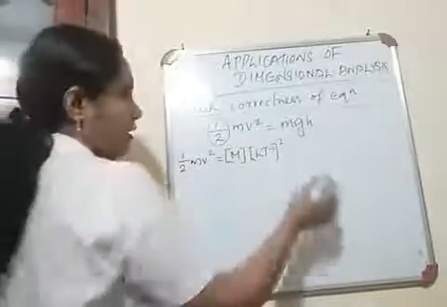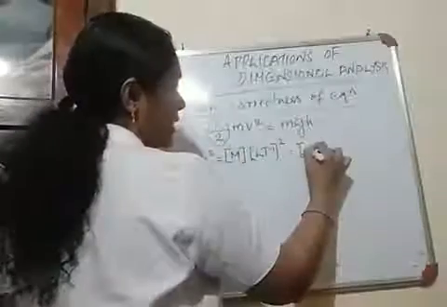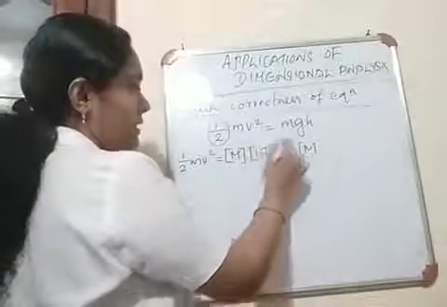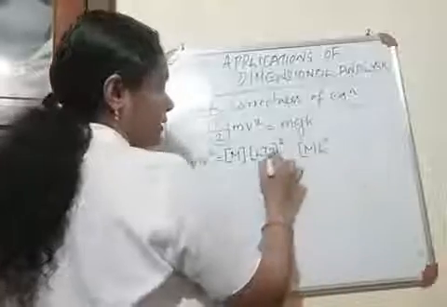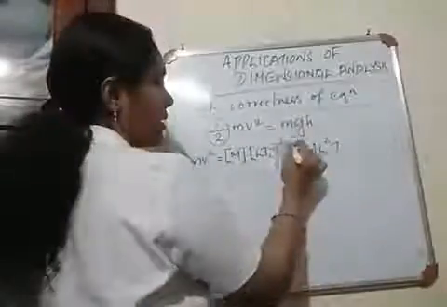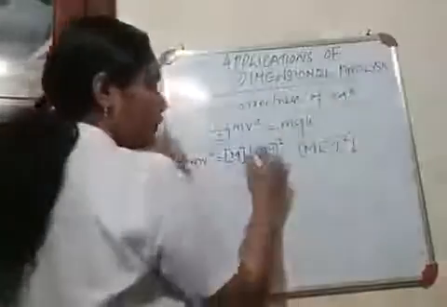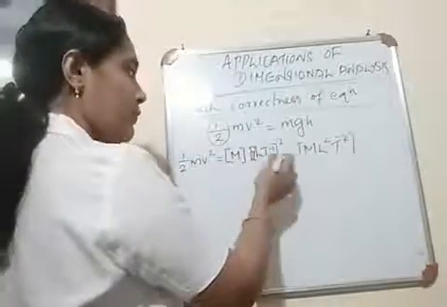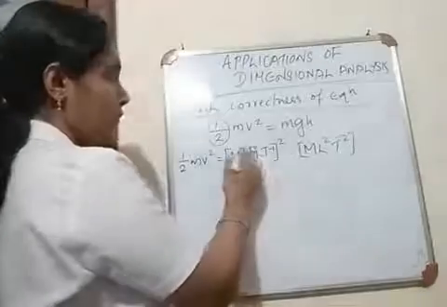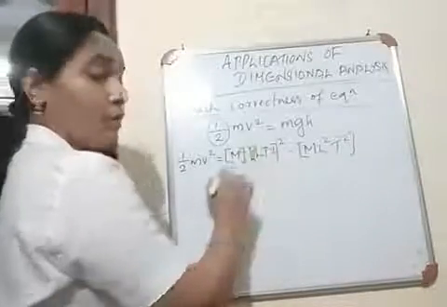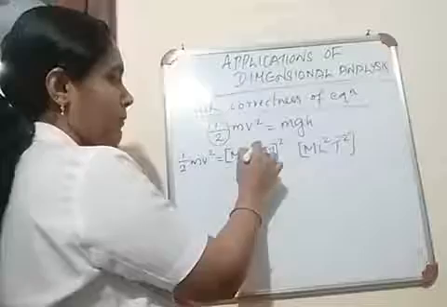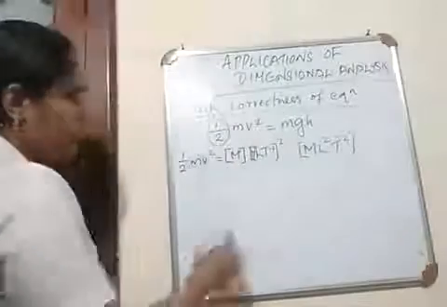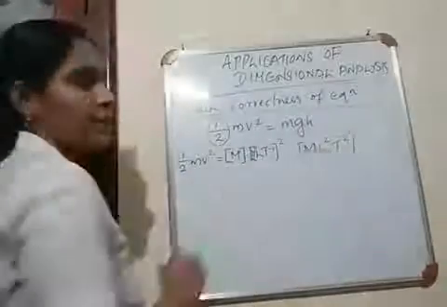Now just write it, you will get M L square T raised to minus 1 into 2 is minus 2. If you want, you can write M raised to 0 here, no problem. Here the power of M is 1, here the power of M is 0, so 1 plus 0 is 1. The power of M will be 1 itself. So this is the dimension for half m v square.